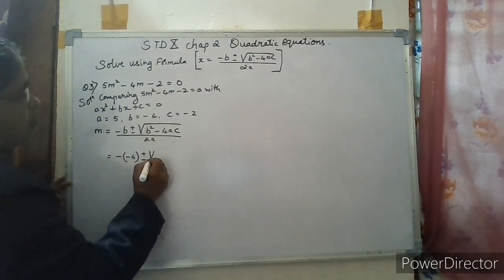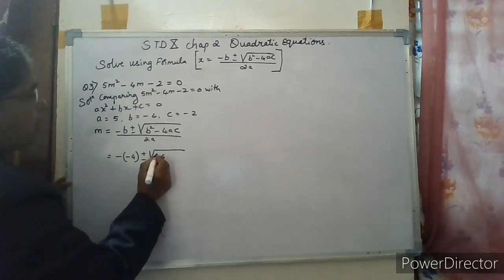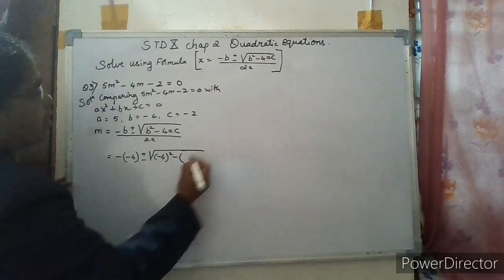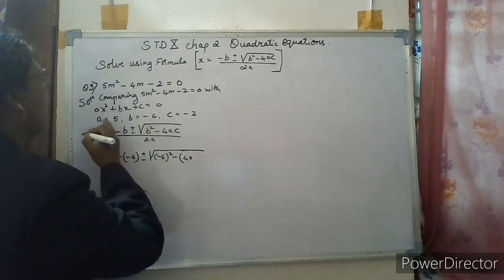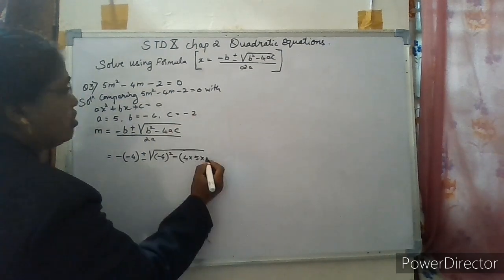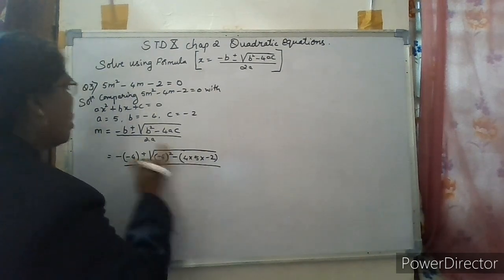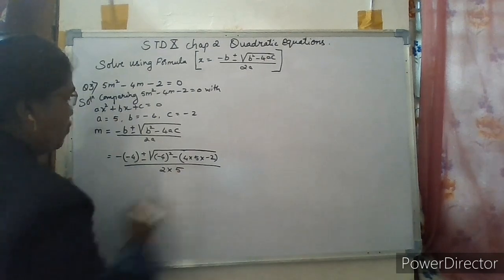Plus or minus root of b square. B value put it in the bracket, minus 4 the whole square, minus again the bracket, open the bracket, 4 into a value is 5 into c value is minus 2. This whole thing upon 2 into a value is 5.